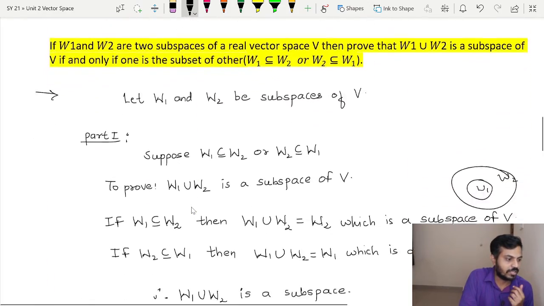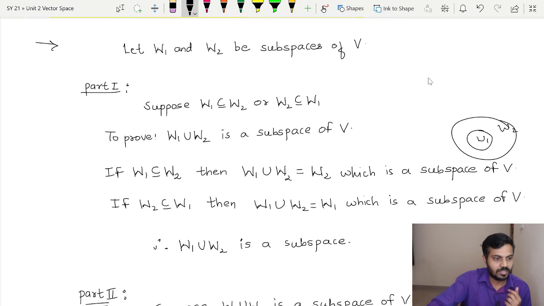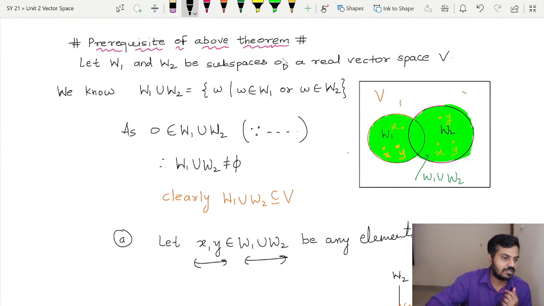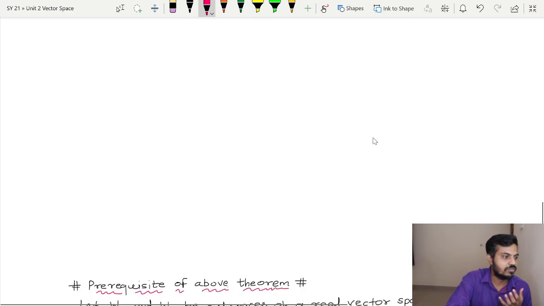Where I have drawn the diagram, yeah, here. As you can see, right now over here I have an element of W1 which is nothing but X, so this element will be in W1 union W2.